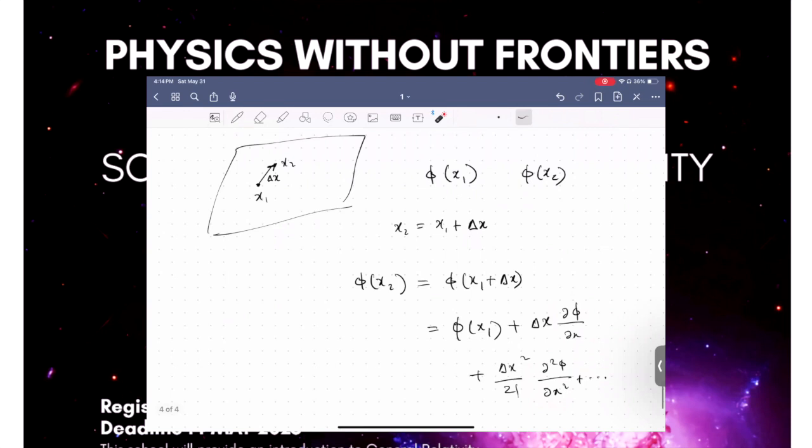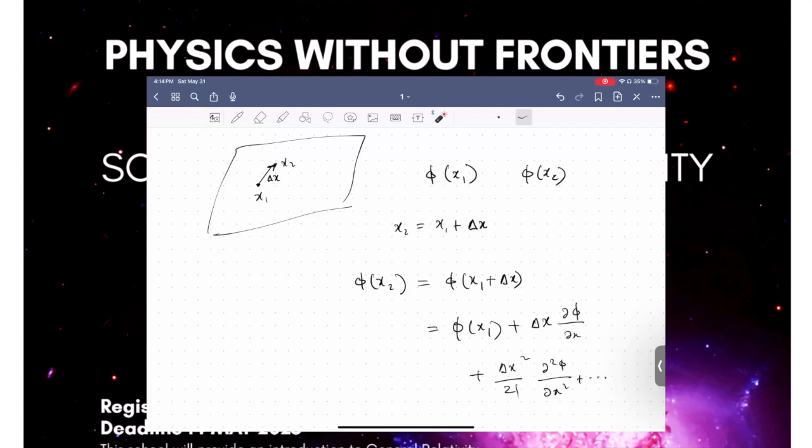But really, the idea is that in order to find the value of your function at a point x2, when you only know the value of the function at x1, you need to be able to differentiate that function, right? So knowing the derivatives of a function at a point allows you to extrapolate that function from that point to a distant point.